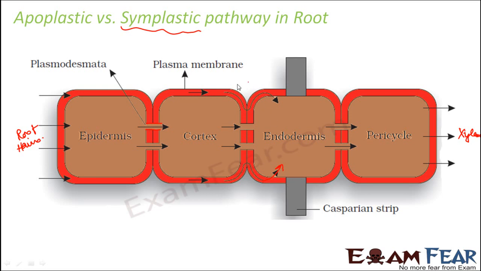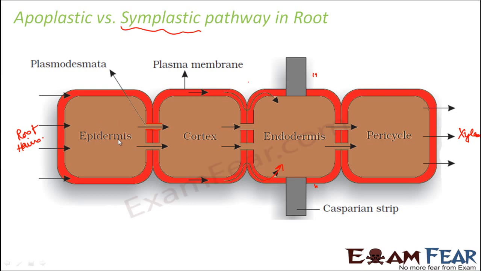So beyond this point, beyond the endodermis, both of them will follow the symplast pathway. That is, whether it was the apoplastic pathway or the symplastic pathway, after endodermis, both of them will flow through the cytoplasm. Right? So please understand the difference very clearly.